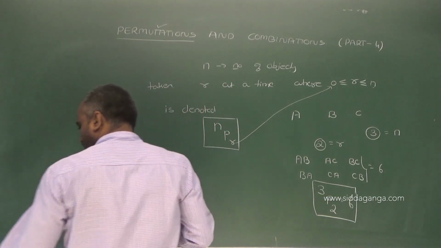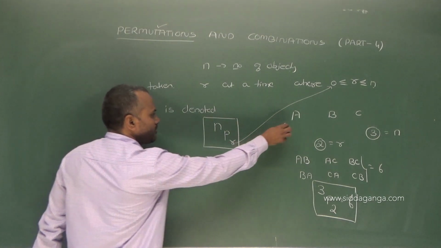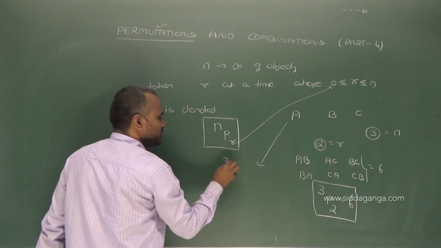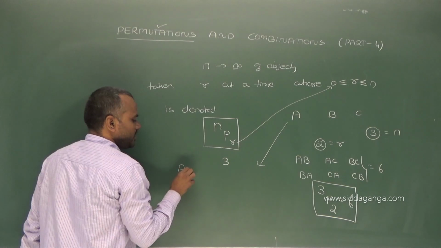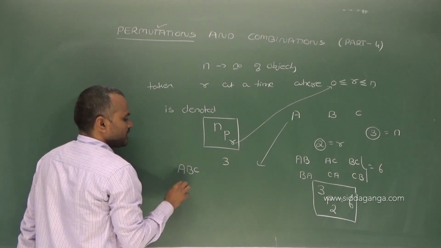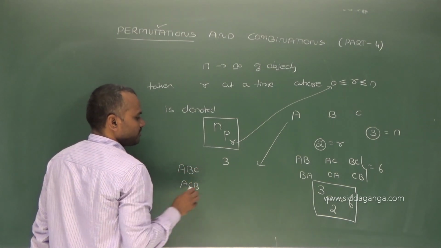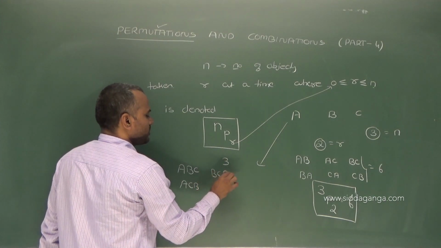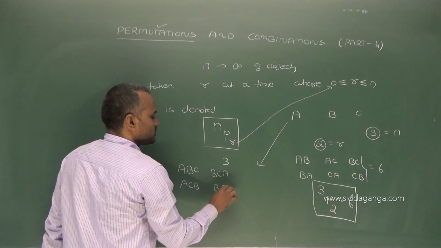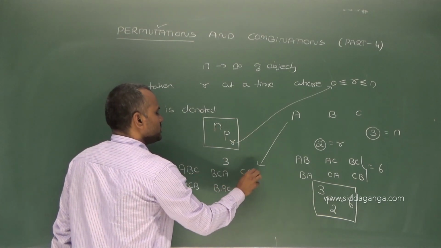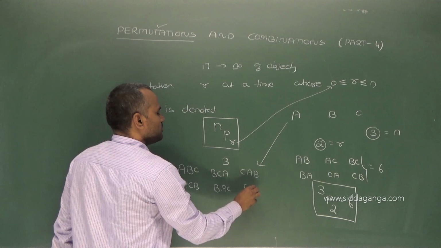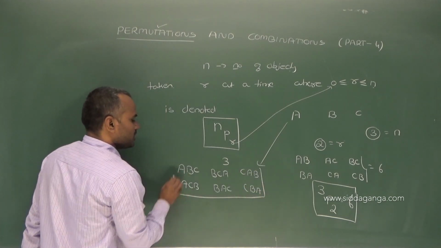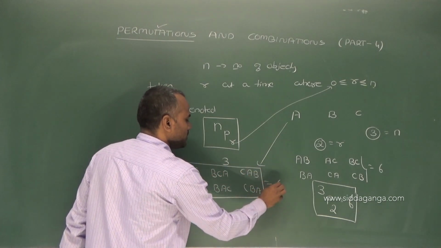One more. Again 3 number of objects taken 3 at a time. Just now I wrote A, B, C. Next, I fix B: B, C, A, B, A, C. Next C: C, A, B, C, B, A. So total number of arrangements is 6.